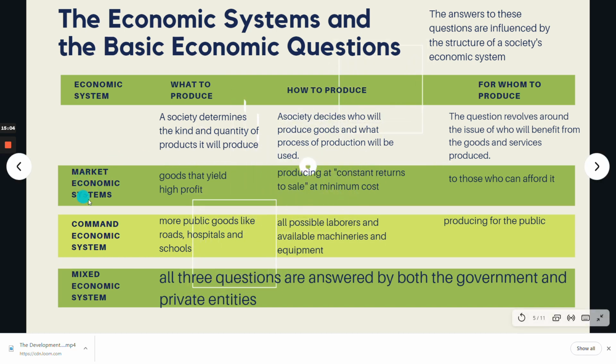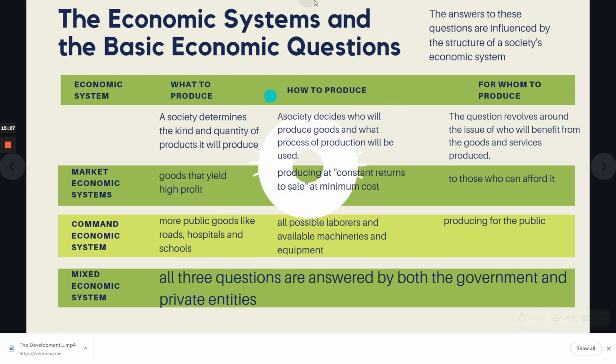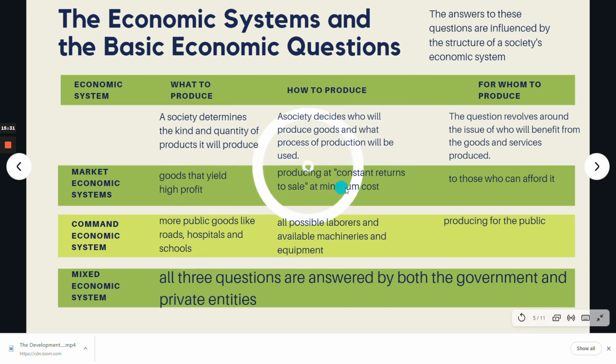So if market economic system, meaning independent ang market. So what to produce? The answer from the market economic system is the goods that yield high profit. So unsa may ato i-produce? Kadtong mga goods nga dapat makaginansya ta that yield high profit. Unsaon nato pag-produce or how to produce, we should produce it at constant returns to scale at minimum cost.